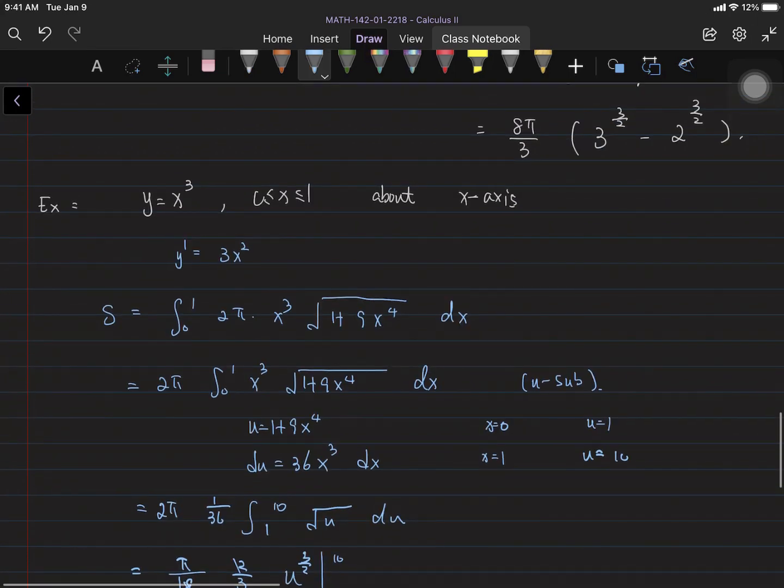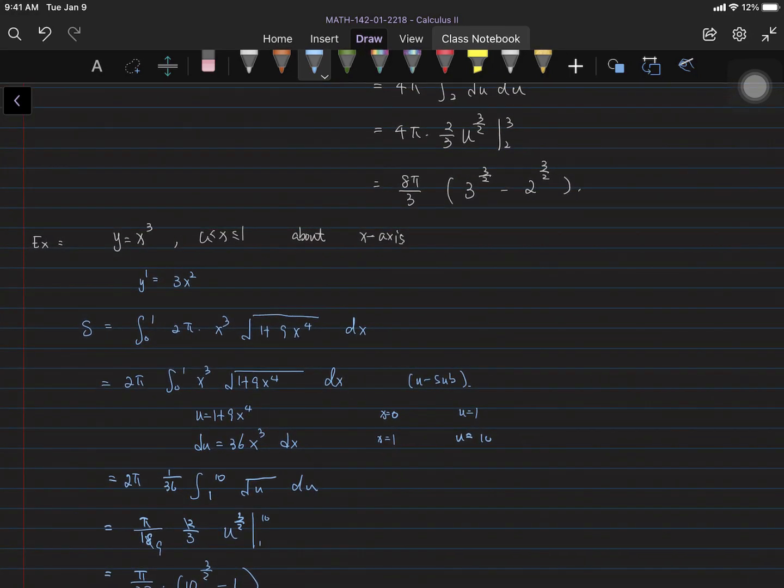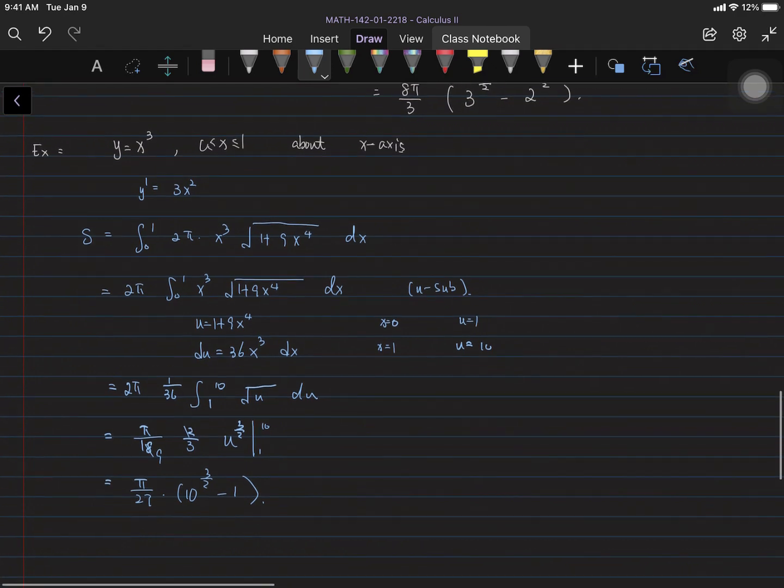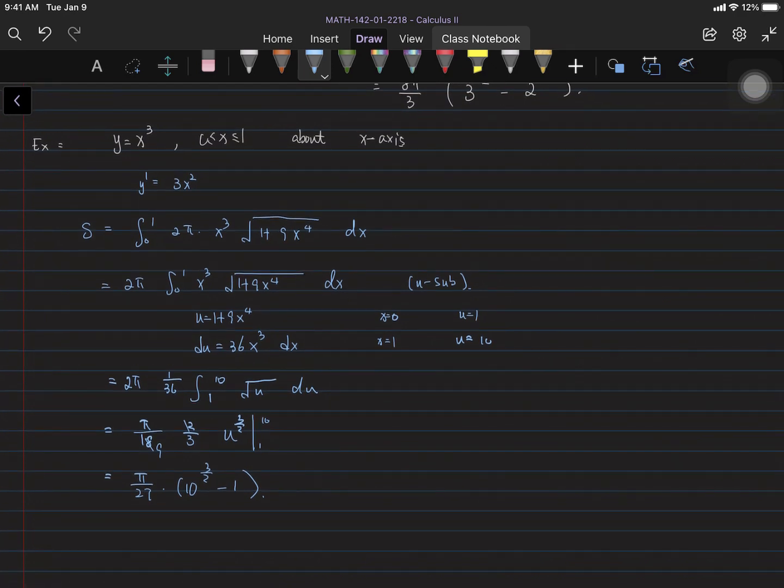Here's the solution, so you can take a look. Firstly, I calculate the derivative of the function, and then I just plug into the formula, 0 to 1, 2 pi, the function f(x), and the arc length function. Then when I simplified, I factored the constant out. I noticed we have x to the fourth and x to the third, so it should be a u-sub problem.